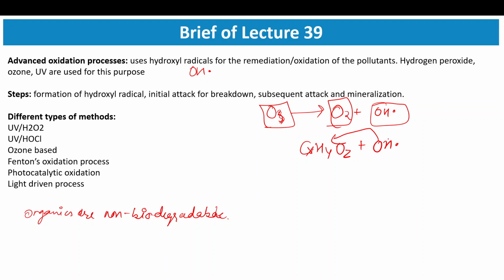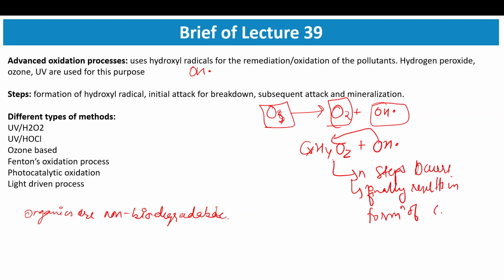So this OH radical first attacks the breakdown of this organic. Multiple, or n, steps occur, which finally result in the formation of the oxidized products, CO2 and H2O, right? Which is nothing but subsequent attack and mineralization to form the final products.